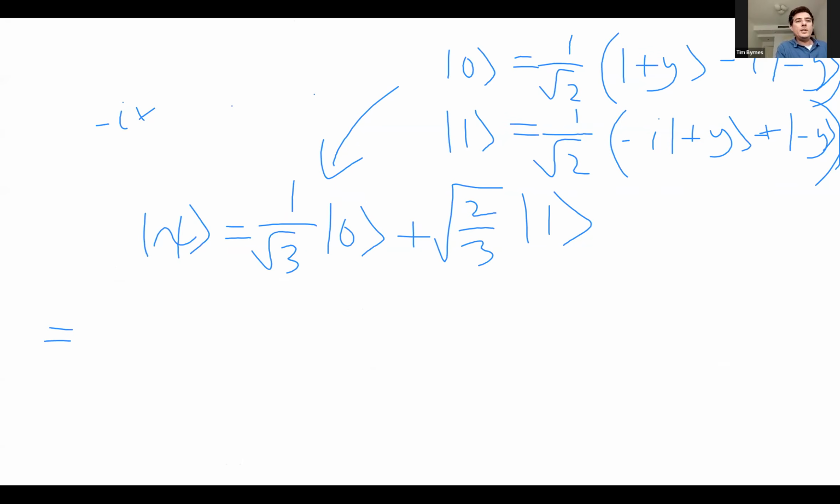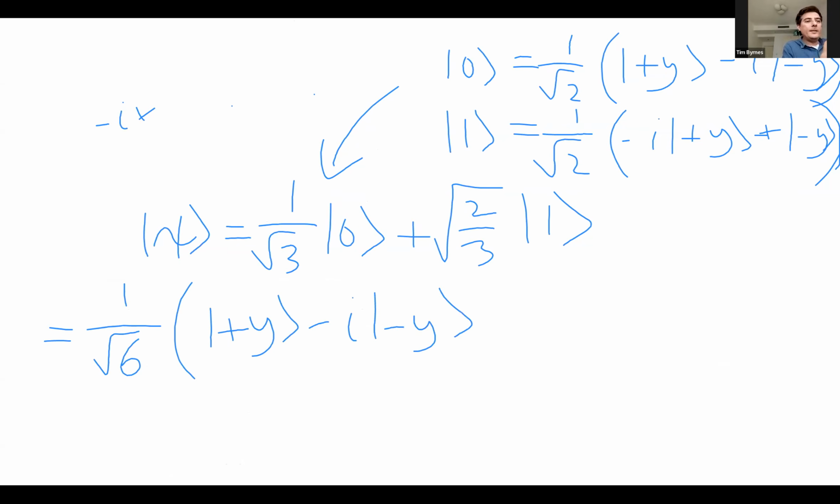When you substitute these, what we'll get is 1 over root 6 of plus y minus y, and then putting the 1 into here, this has an extra factor of root 2 that we've got to take care of.